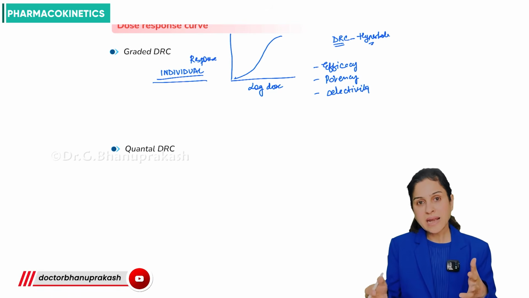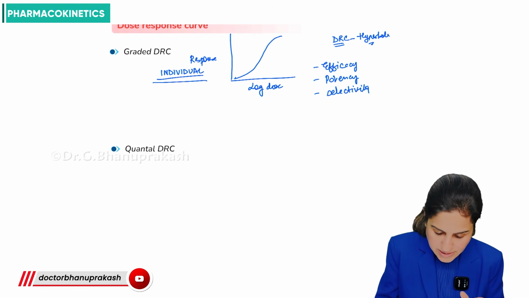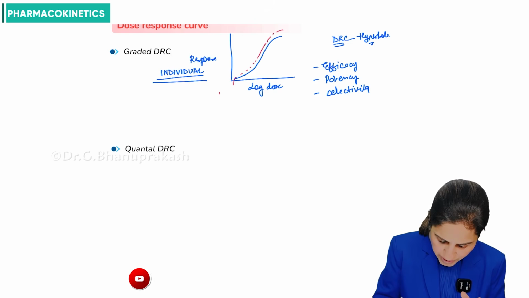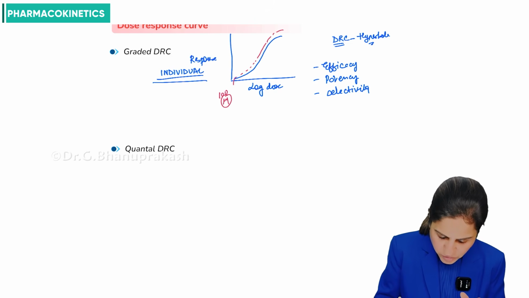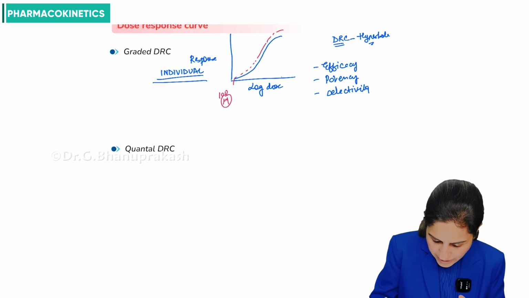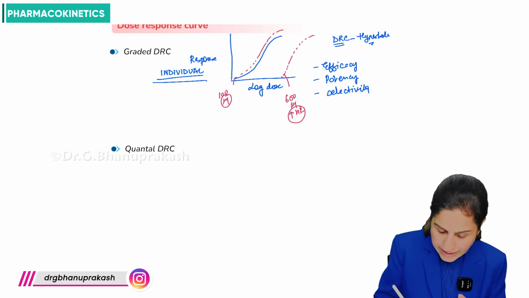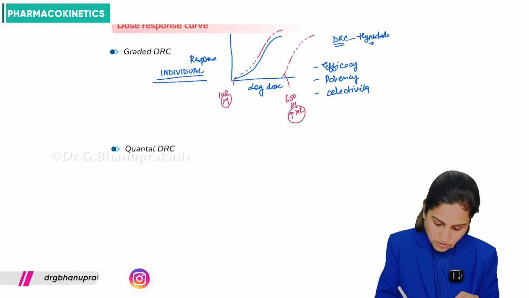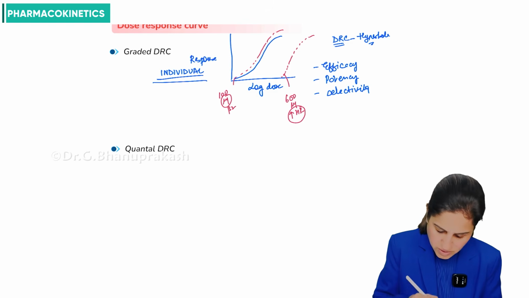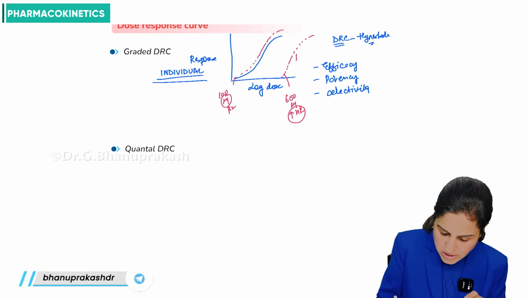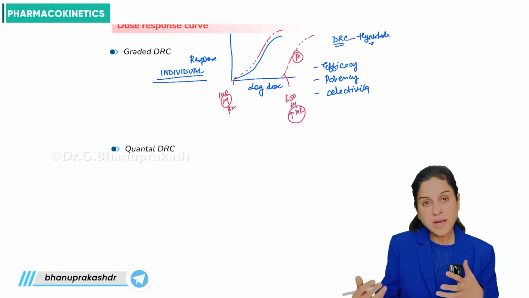For example, a drug like salbutamol. We say that salbutamol at the dose of 100 micrograms produces bronchodilation, while at the dose of 600 micrograms, it will also cause an increase in the heart rate. Why? Because at 100 micrograms, it is more selective for the beta 2 receptors, but when you increase the dose, selectivity is lost. It also starts stimulating beta 1 receptors in the heart.